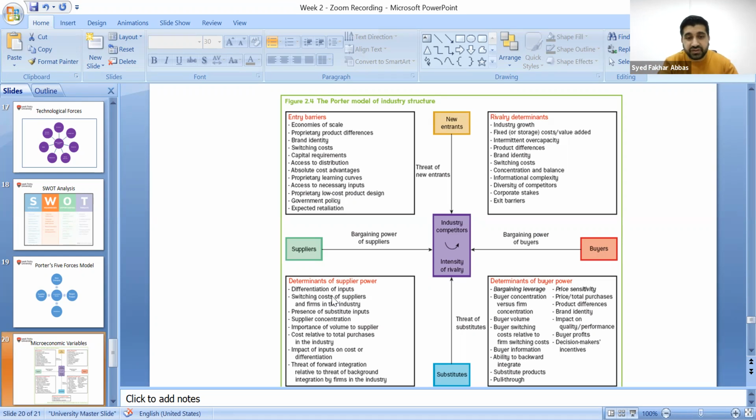So we have to see differentiation of input, switching cost of supplier, presence of substitute input, supplier concentration, importance of volume to supplier, cost relative to total purchases, impacts, threat of forward integration. So these are all factors we have to think about when we are talking about the power of suppliers.